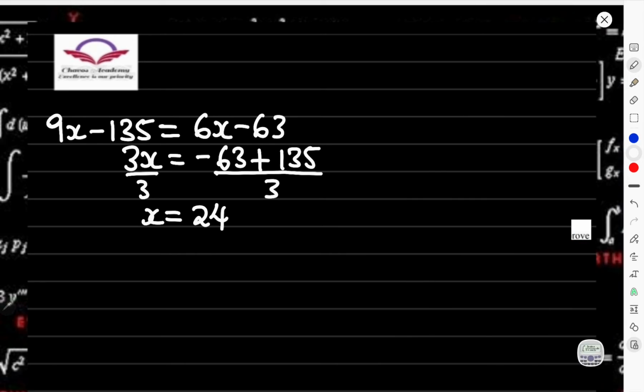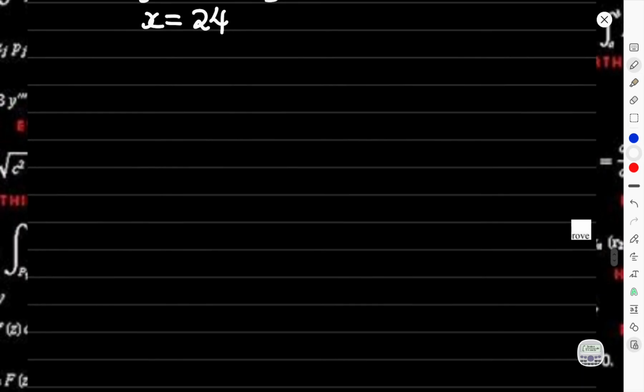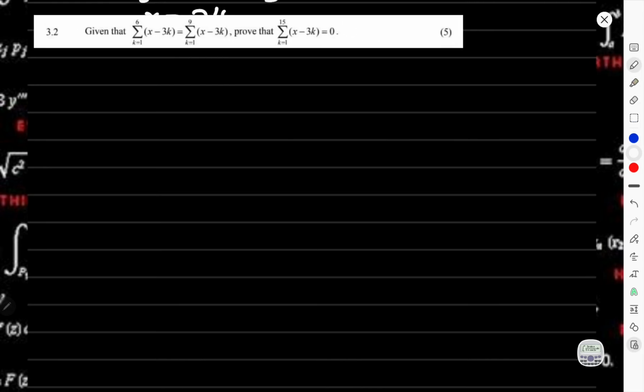Once you have x as 24, you then go to the one that they said you must prove, which is the sum from k equals 1 to 15 of x minus 3k.